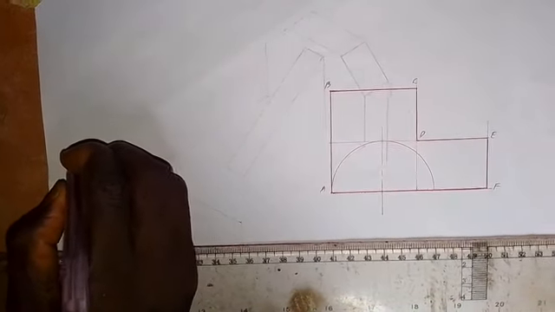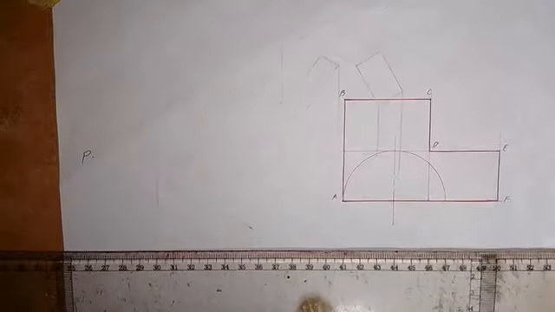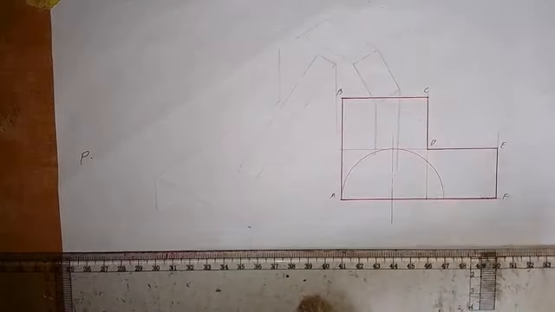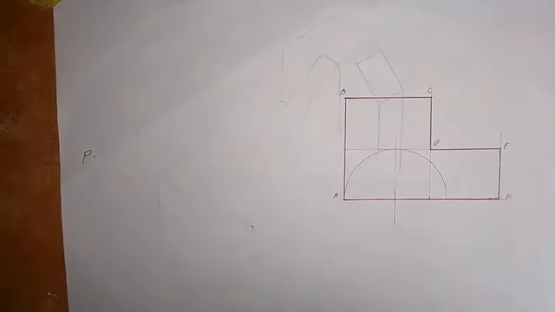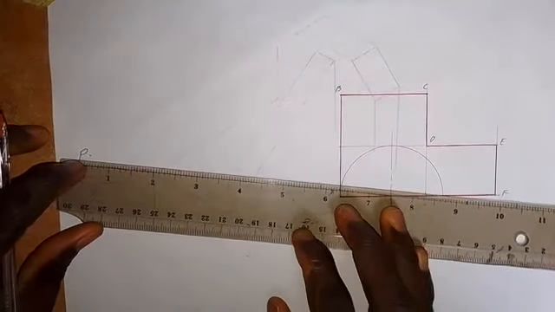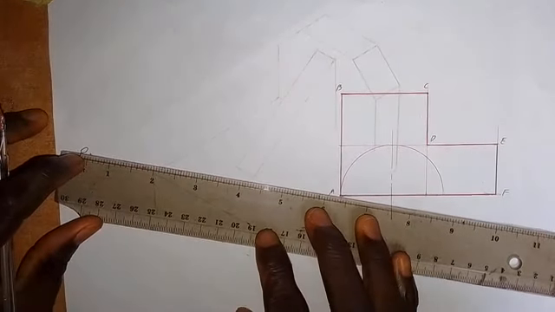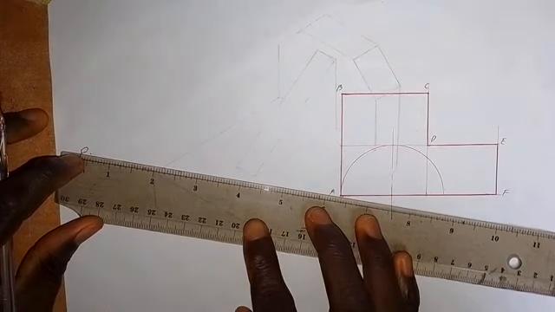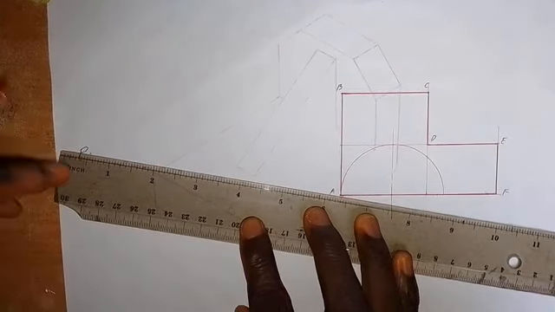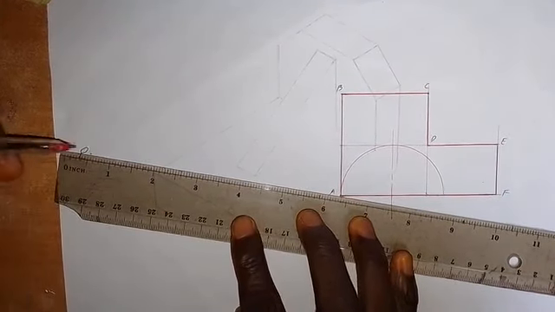Alright, the next thing I'm going to do is to draw radial lines from point P to pass through each of the points on the given view.